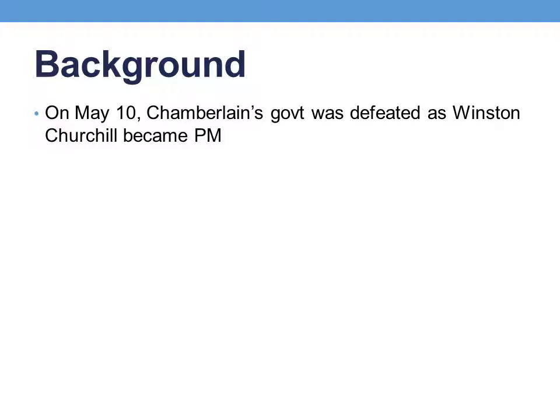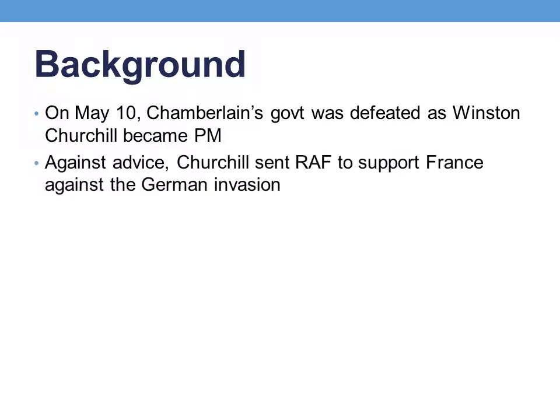Fast forward a few years later, it's Chamberlain's government that declares war on Germany. But people are pretty much done with Chamberlain, and Churchill comes to power. And the military essentially tells Churchill, dude, stay out of it, right? But Churchill sends help to France to support against the German invasion.